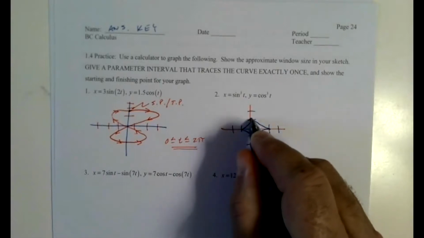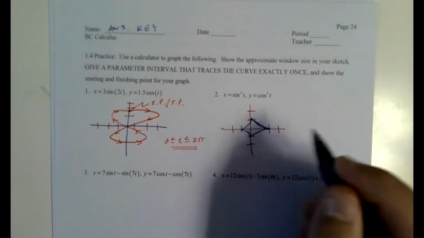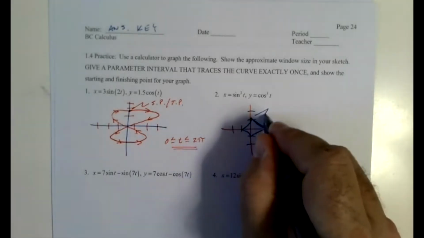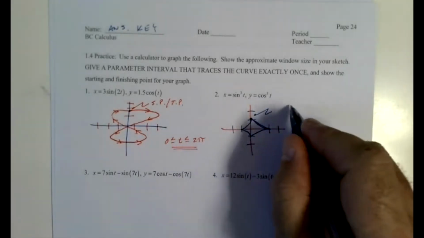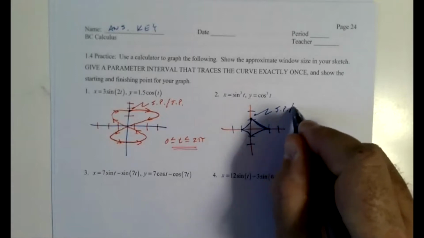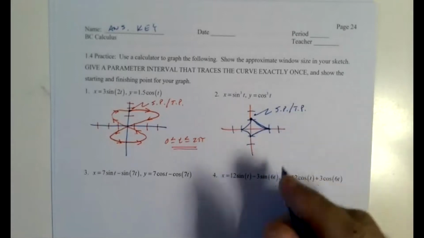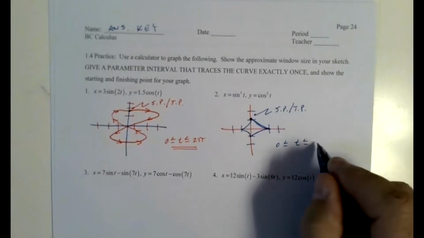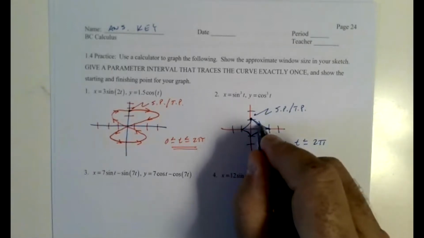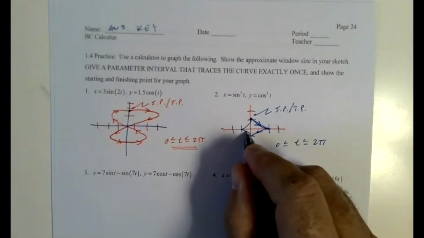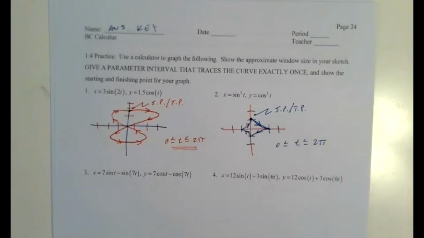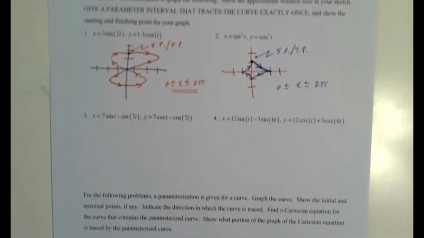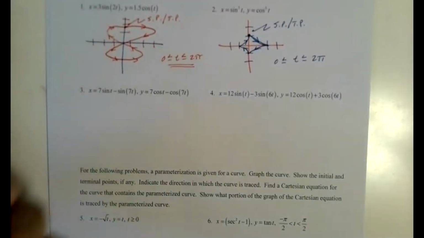Should be a little more bend on that one here. There we go. And that's our starting point and finishing point. Terminal point. 0 less than or equal to t, less than or equal to 2 pi, and arrows. Yeah, whatever. I would definitely use my calculator to graph these. There's really no reason whatsoever not to.